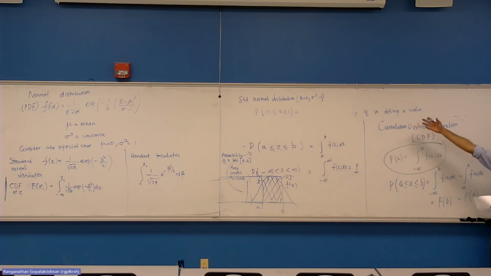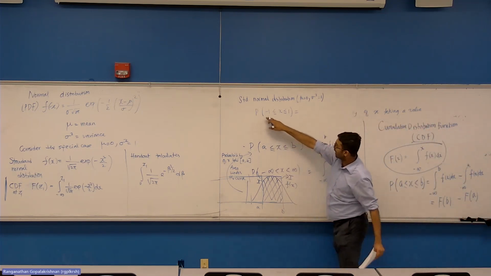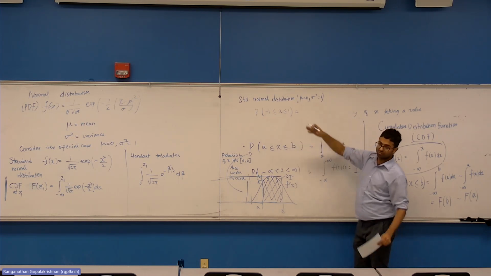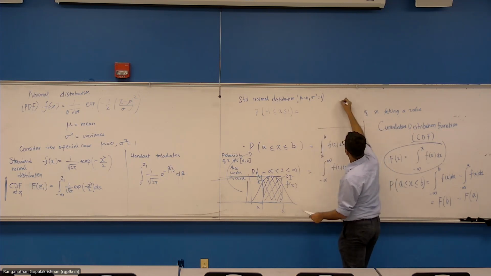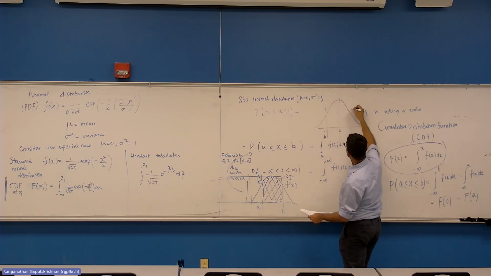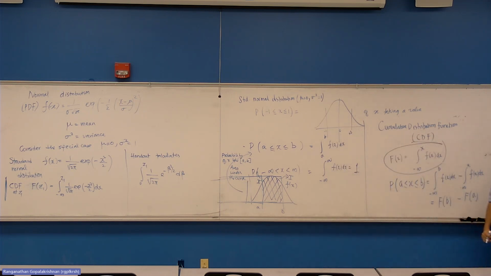This is a possible quiz question right here. Calculate the probability of x taking values between -1 to 1 when the mean is 0. It is centered at 0. So you have a bell curve that is centered around 0. What is the probability of x taking values between -1 and +1? Go.